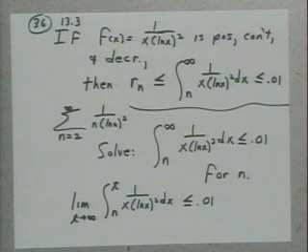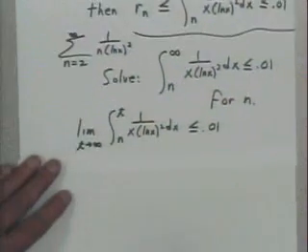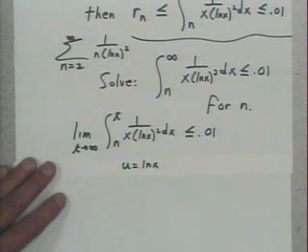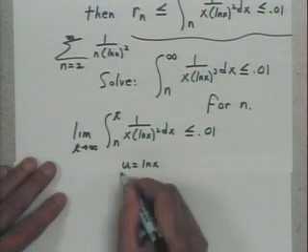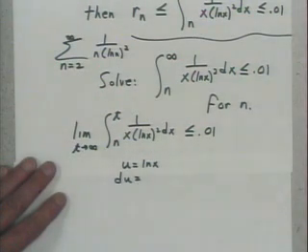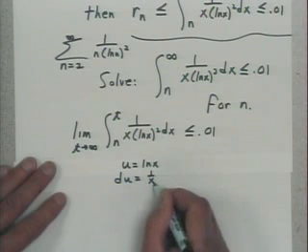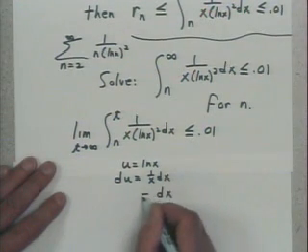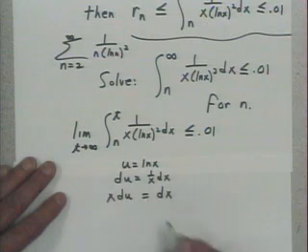Okay, next comes integrate it. Well, to integrate it, I let u equal natural log of x, kind of like the last one we did. And then the du is going to be 1 over x dx, which means the dx is going to be x times du.